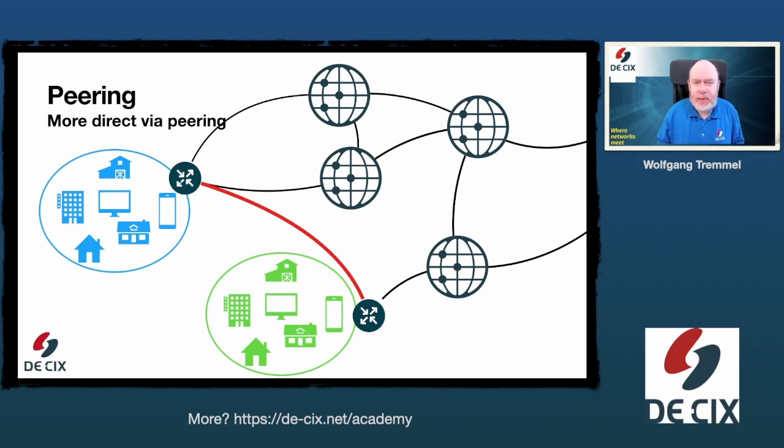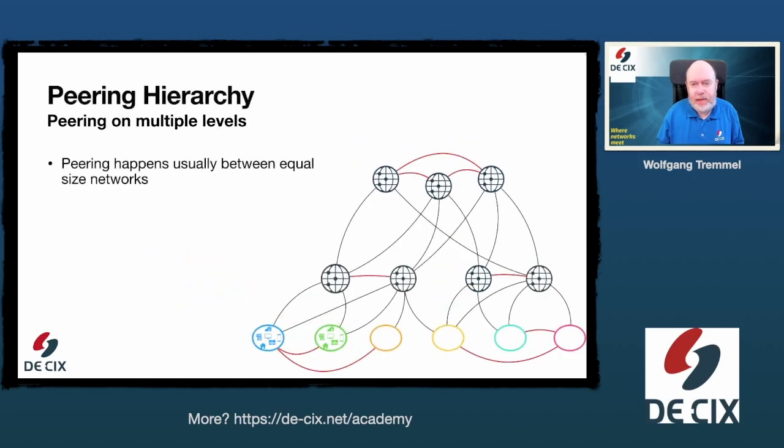And peering happens on multiple levels. Like the blue and the green provider are interconnected, so are their upstream providers. And also these two top-level providers here are interconnected. If you draw it a little bit different, you find that there is a kind of a hierarchy of peering. And peering usually happens between equal-sized or similar-sized networks.